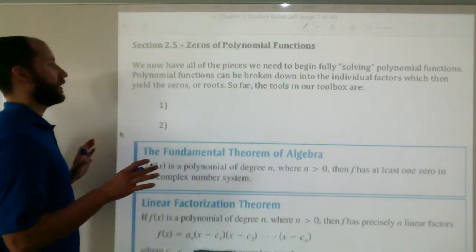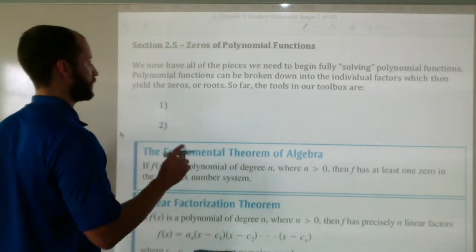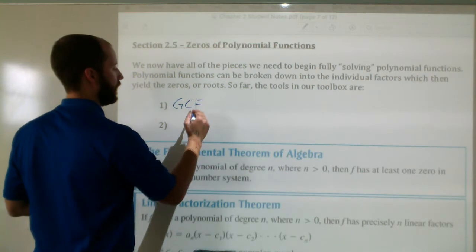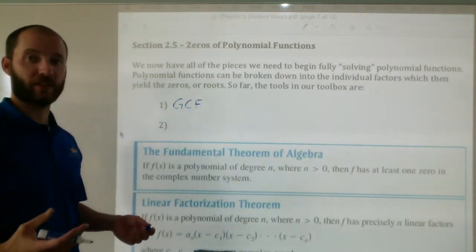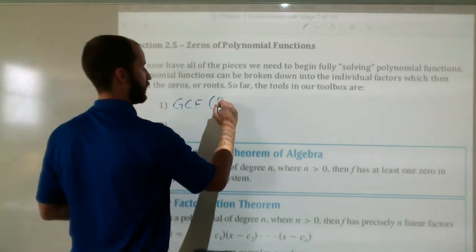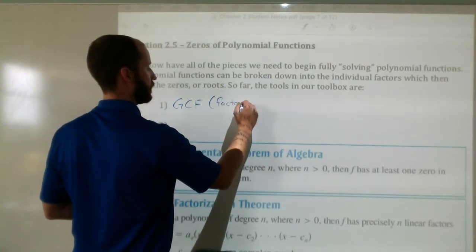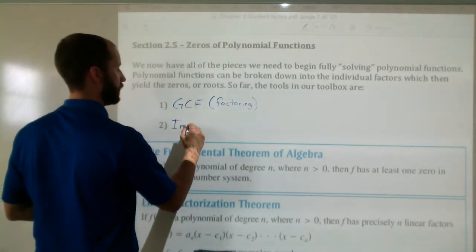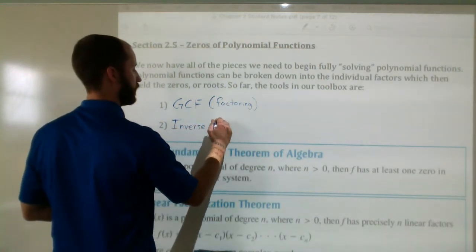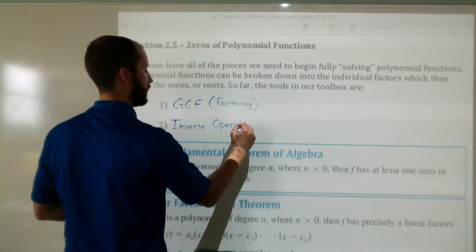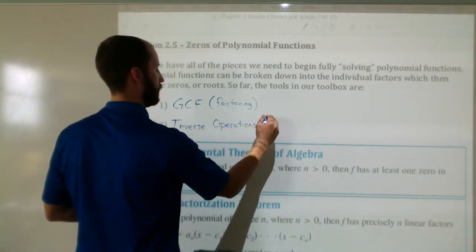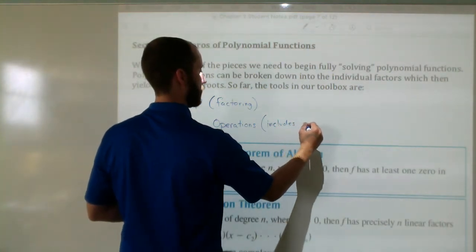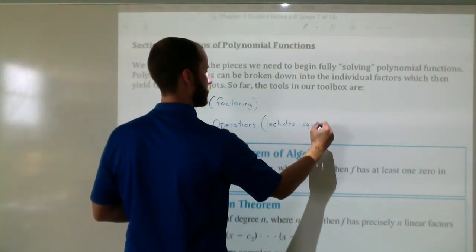Now up to this point, solving polynomial functions, breaking them down into their factors, what we've mainly been using is the idea of greatest common factor, which is really a factoring method. We've also been using inverse operations. Now that includes square roots.